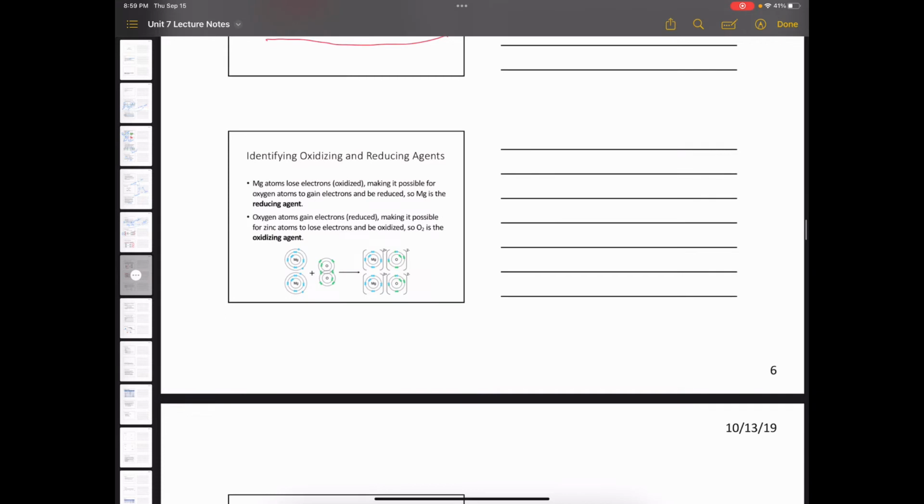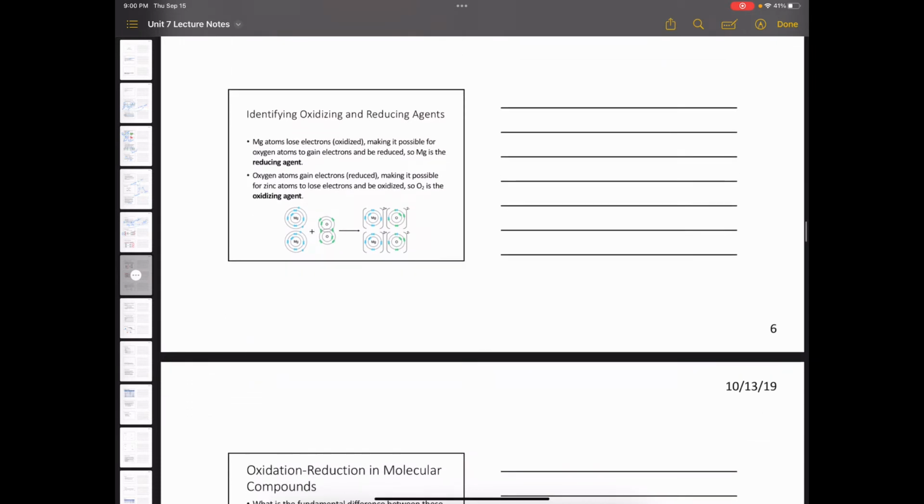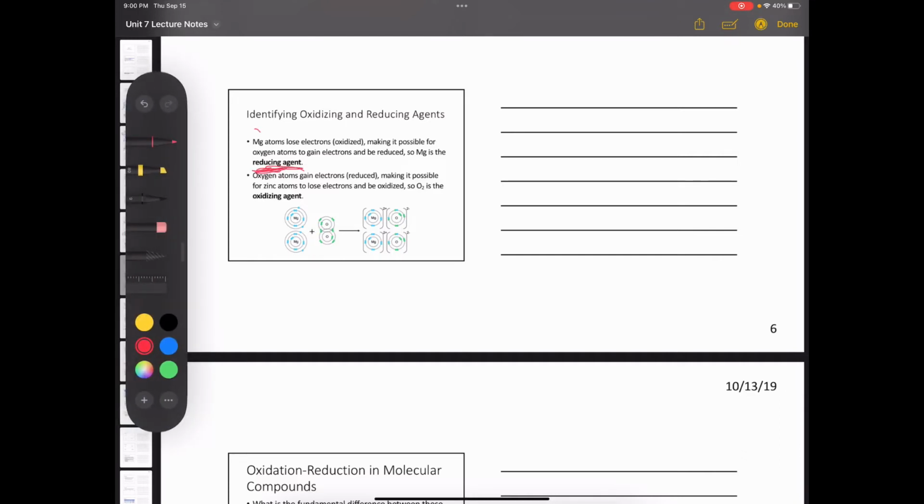How do we identify oxidizing and reducing agent? Magnesium atom, for example, has lost the electrons, so it has been oxidized, right? Lost the electrons, which allowed oxygen to gain those electrons. So in this case, magnesium is also considered a reducing agent.